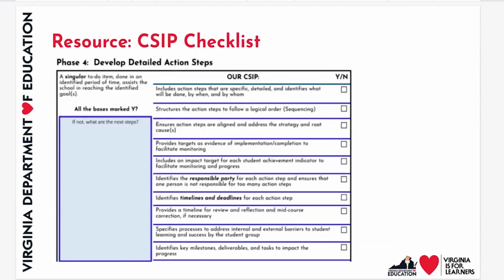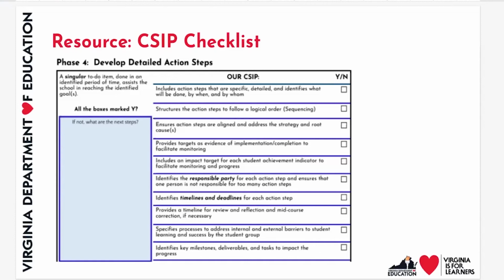So this is just the phase 4 checklist, but there's one for each phase of the 5 phases we showed you. So the checklist is, again, just another resource for you. We're not using the checklist as we look at your CSIP and have that virtual meeting. It's just a way for you to, as you're reviewing your CSIP, ask: do we have these things? Did we do this?